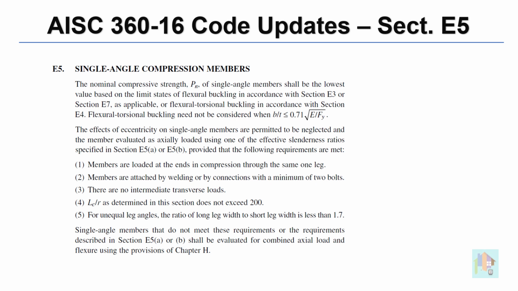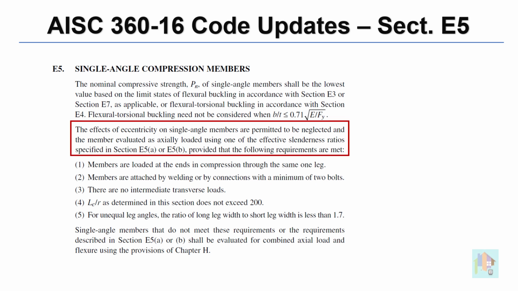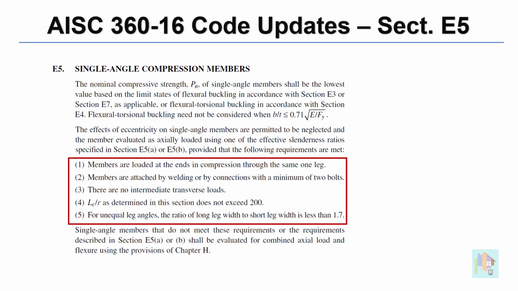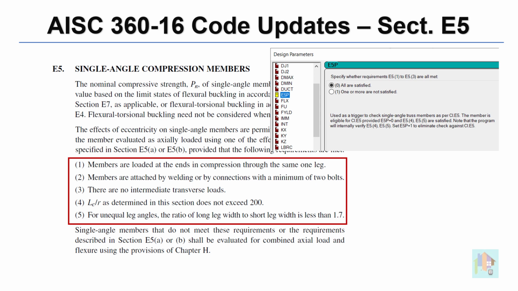For the AISC 360-16 code, there is a major enhancement related to single angle member design. Normally, single angle members are used in a truss as a bracing member, and as per section E5, the effects of eccentricity on single angle members can be neglected and evaluated as an axially loaded member using an effective slenderness ratio. There are a few criteria which must be satisfied, and the program can check this using the E5P parameter.